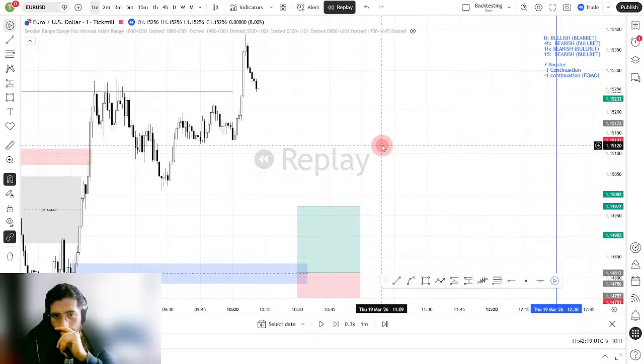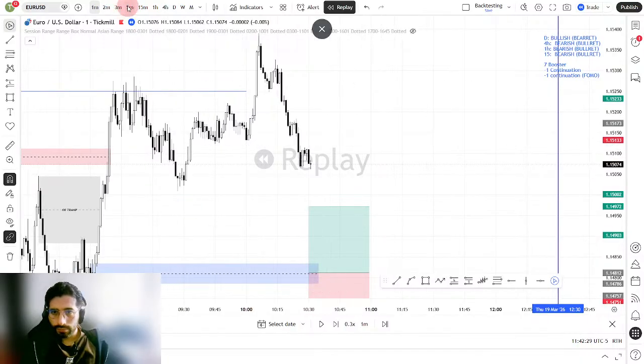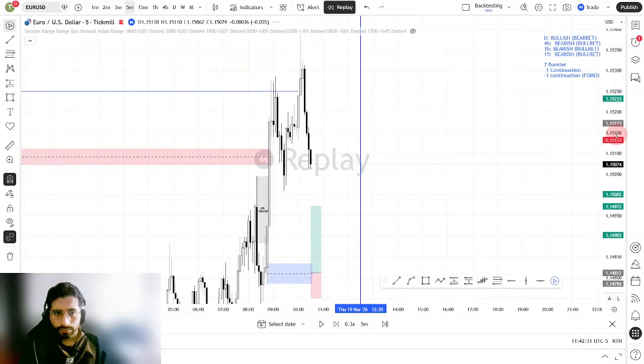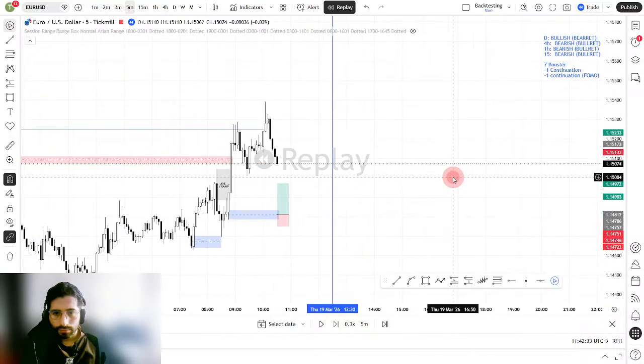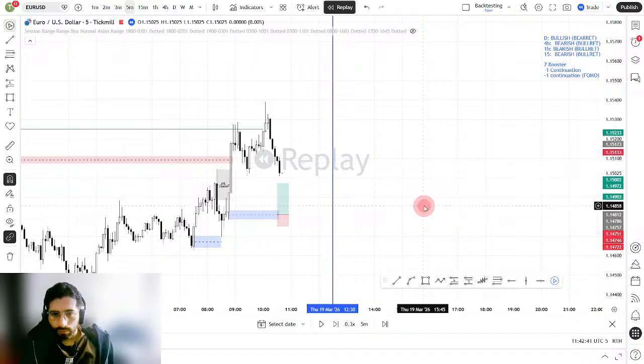Price continues pushing up. It's fine. Now it's making a retracement. No, I'm good with my scenario.